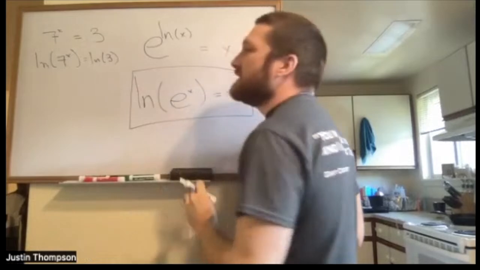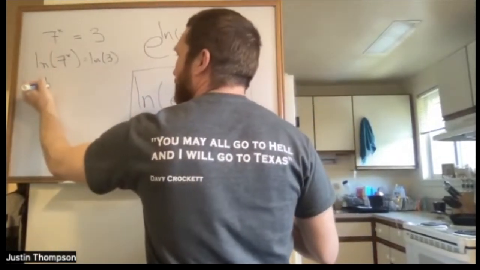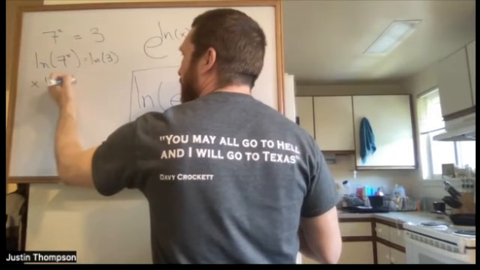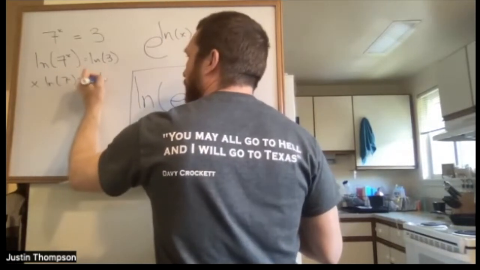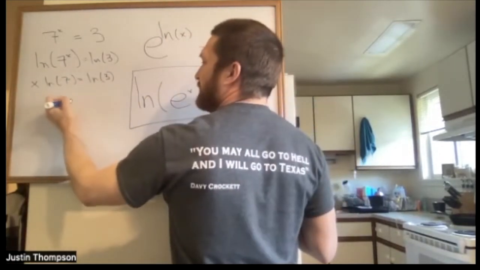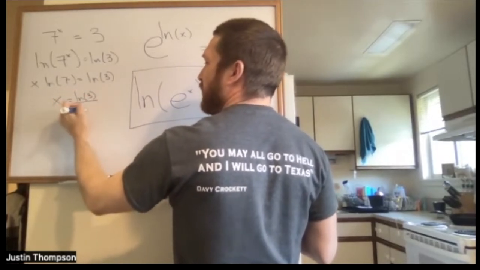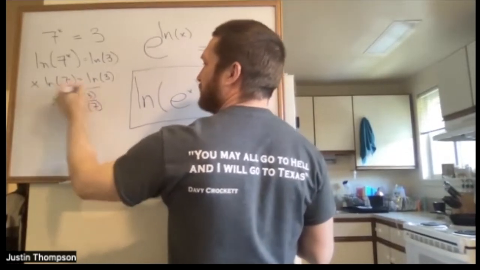The reason we did that was so that the X could drop down, so that we could isolate the X, get the X by himself, and then finally do something like this. Let me know when you have all of this written down right here.